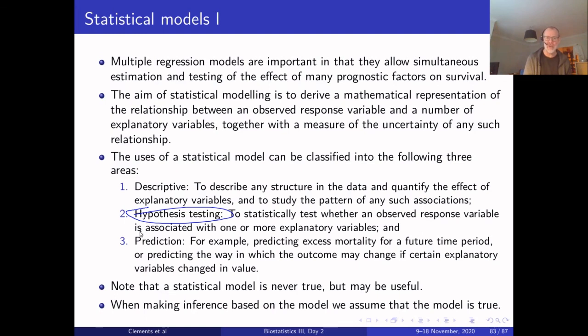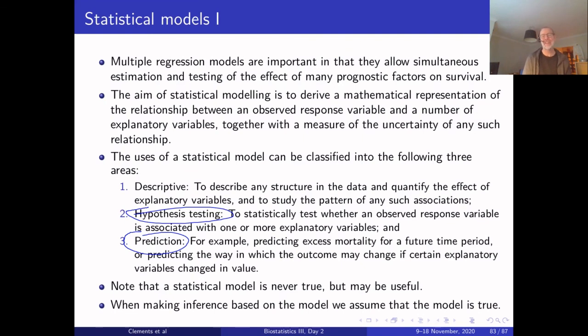And then the third is prediction, where we want to be able to predict excess mortality for a future time period, or predict the way in which the outcome may change if certain explanatory variables were changed.